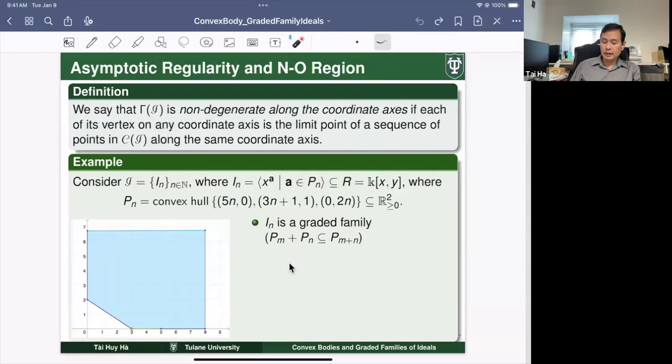Of course, it's not very hard to see that this is a graded family of ideals, because if you look at the sum of these two, it sits inside this one. So Pm plus Pn sits inside P(m+n).